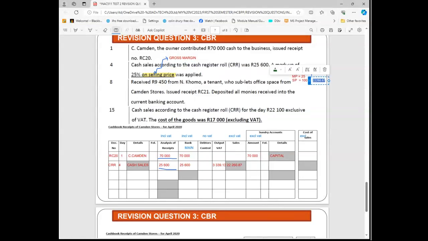You're saying this times 75 divided by 100. How much do you get? 16,695.65. Yes.